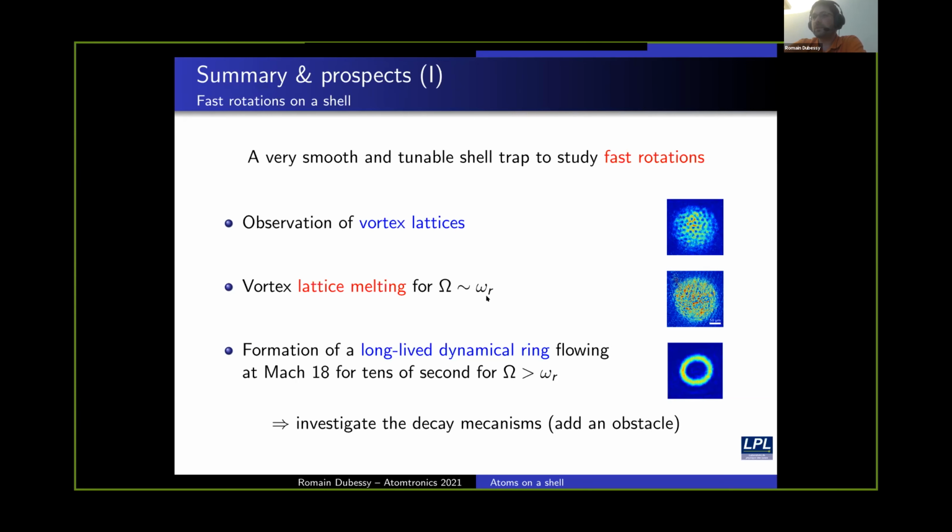But if we let the system thermalize, and thanks to selective spin-up evaporation, we can observe a long-lived dynamical ring flowing at Mach 18 for tenths of seconds. Now what we want to do with this setup is investigate the decay mechanism, and look at what happens if we add an obstacle on the path of the atomic flow.